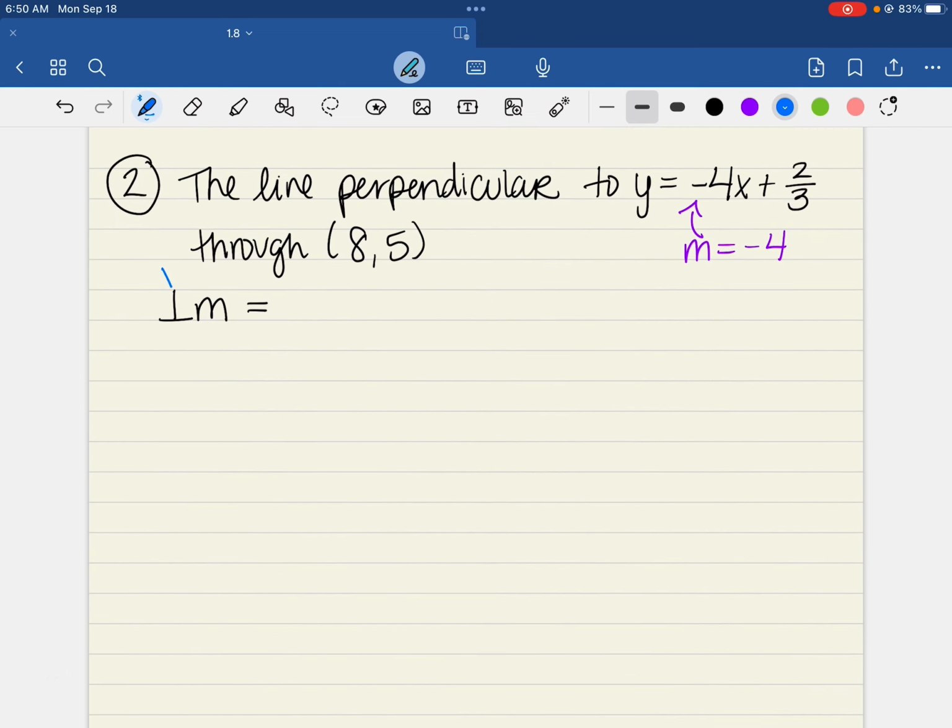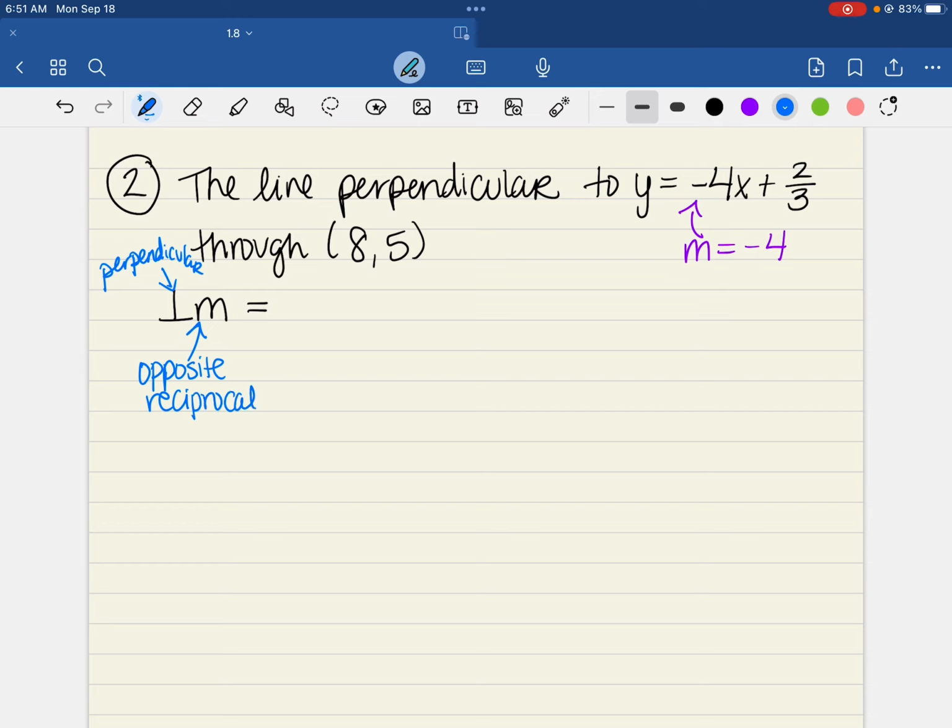But with perpendicular, if you don't remember your symbols, for perpendicular slope we have the opposite reciprocal.